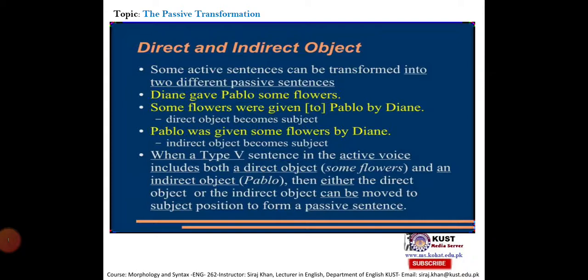Pablo was given some flowers by Diana: the indirect object becomes subject. When a type V sentence in the active voice includes both a direct object, some flowers, and an indirect object, Pablo, then either the direct object or the indirect object can be moved to subject position to form a passive sentence.